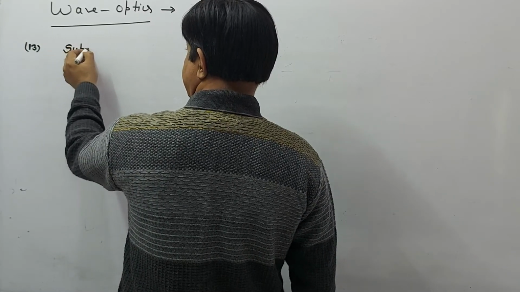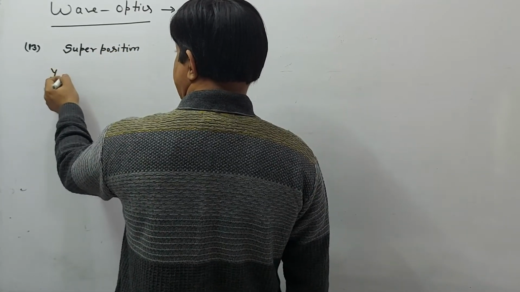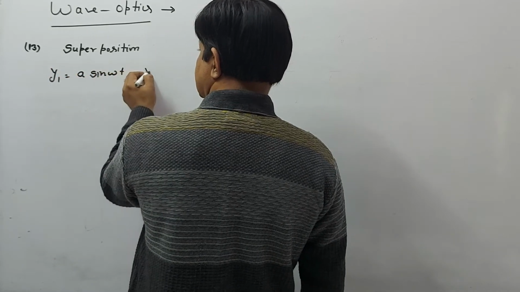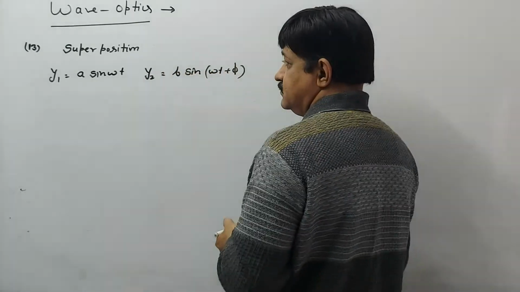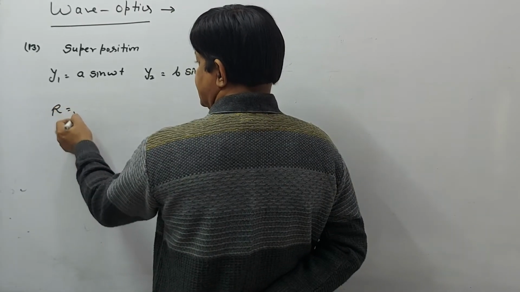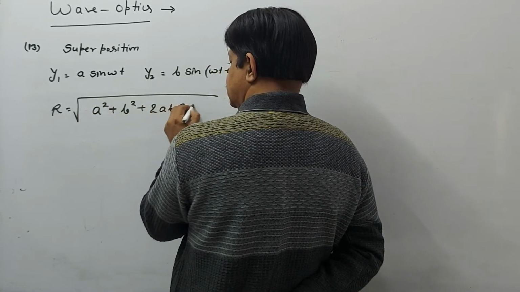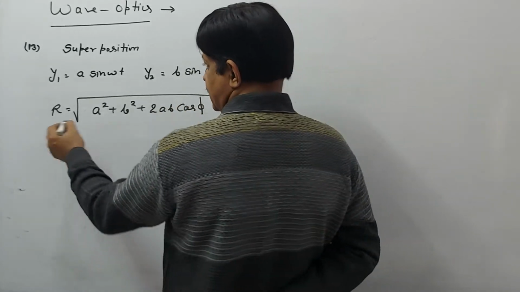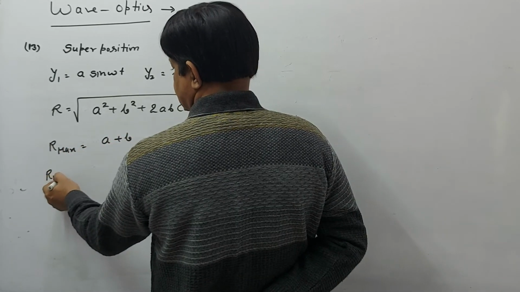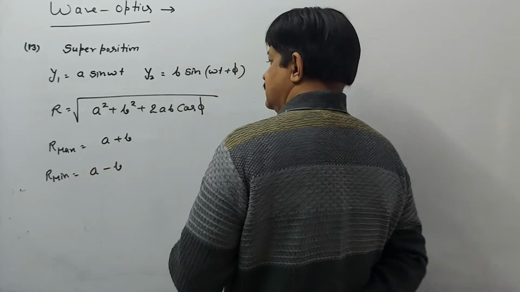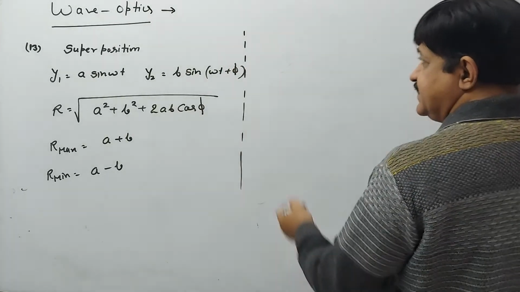With superposition of the waves, y1 is a sine omega t, we have the resultant equation R as under root of cos phi with the condition R maximum. Similarly, we also have conditions for intensity.